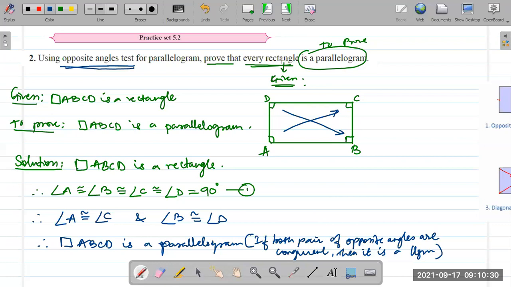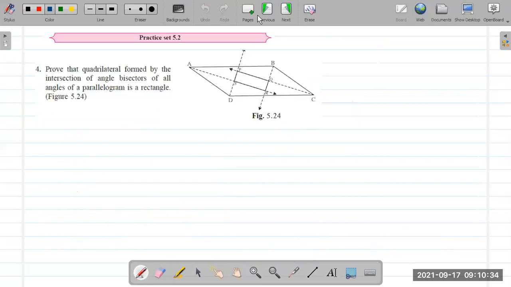Okay, let us move on to the third question. Yes, so question 3 is omitted.